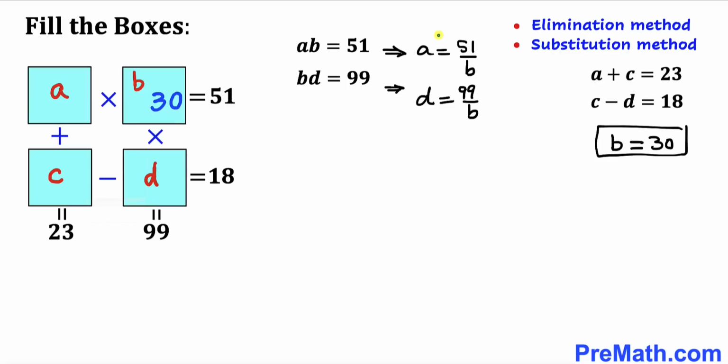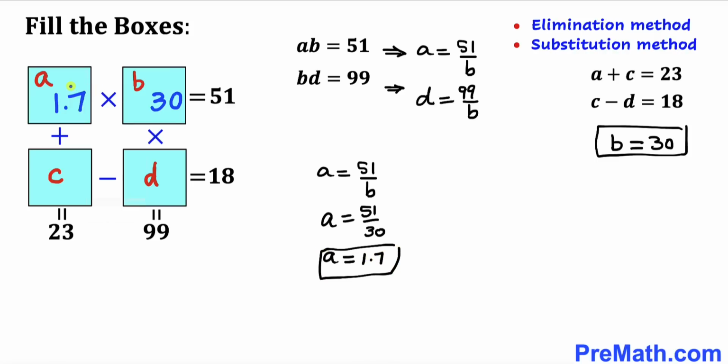And here's our next step. Let's focus on the equation a equals 51 divided by b. I have copied it down, and let's replace this b with 30, which we figured out. So a is going to be 51 divided by 30, and if we simplify, that is going to give us 1.7.